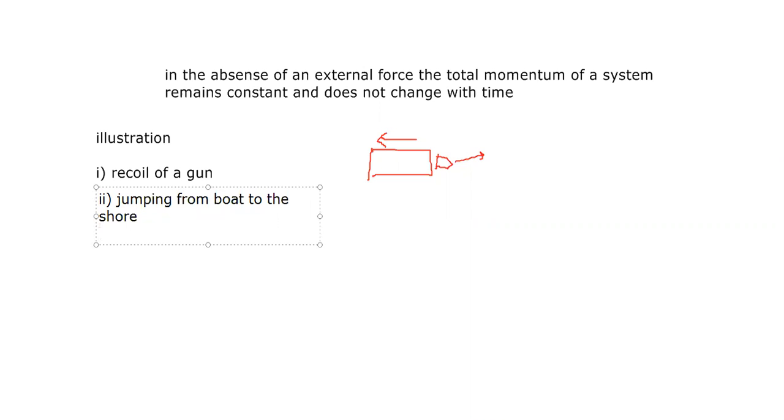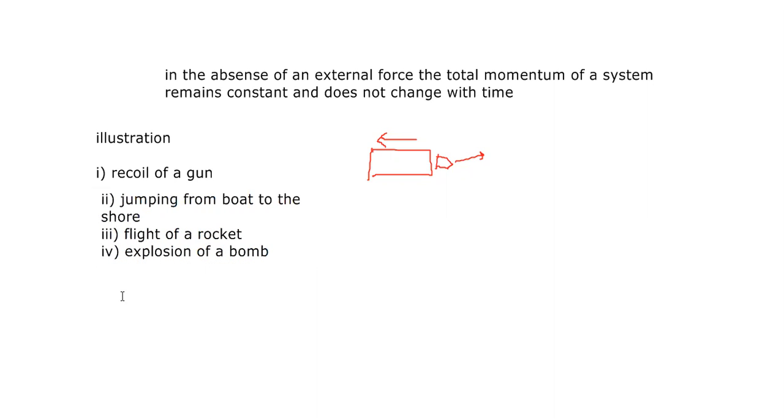Third point, flight of a rocket. Fourth point, explosion of a bomb. So these are the main points: recoil of a gun, jumping from boat to the shore, flight of a rocket, and explosion of a bomb. So these are the examples of conservation of linear momentum.